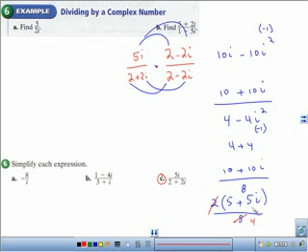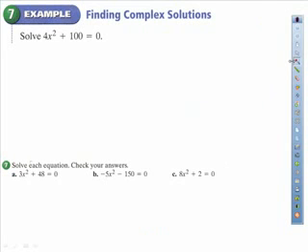So then we'll get 4. So our final answer will be 5 plus 5i over 4. So this will be our final answer. So you always have to check, can I factor anything out from here that will reduce with the bottom denominator?